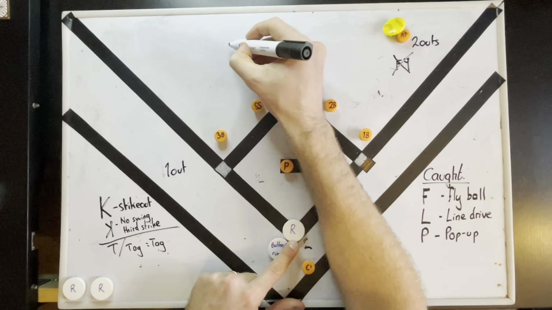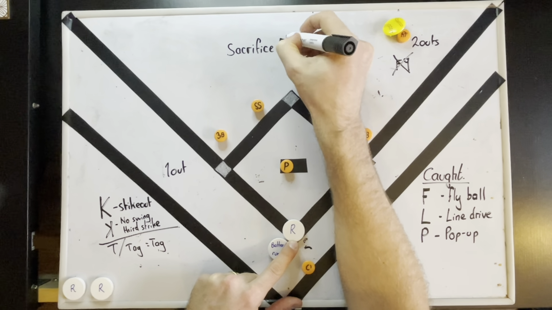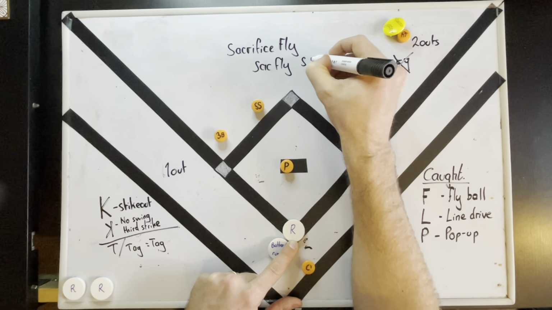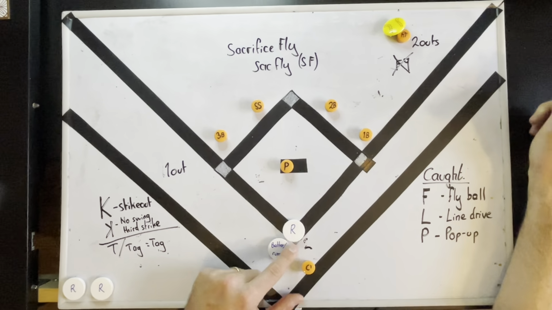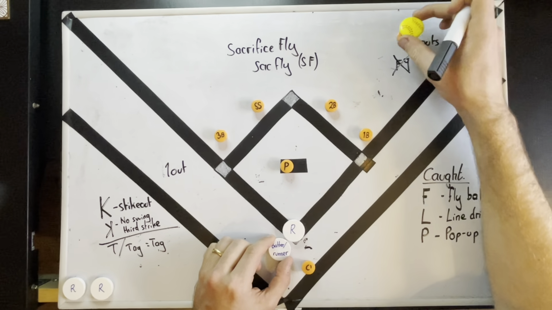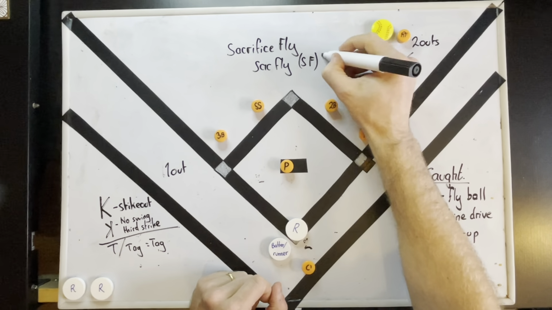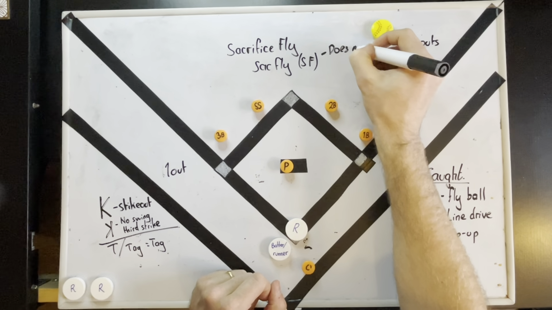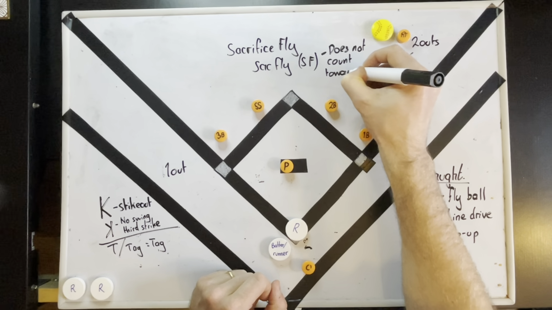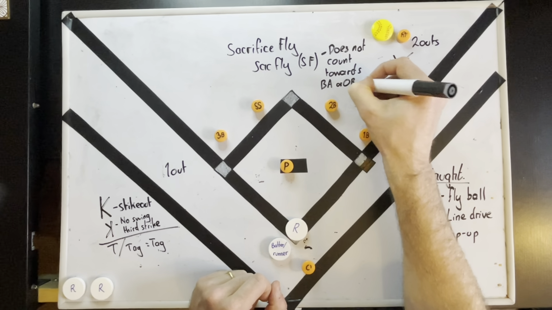Okay, you will be accredited with what's called a sacrifice fly, or a sac fly, or just the letters SF. So in this case, because you hit the ball and the runner tagged up from third and scored, this does not count towards your batting average or your on-base percentage.